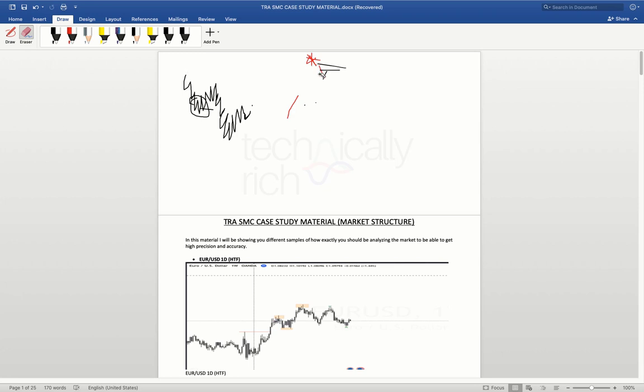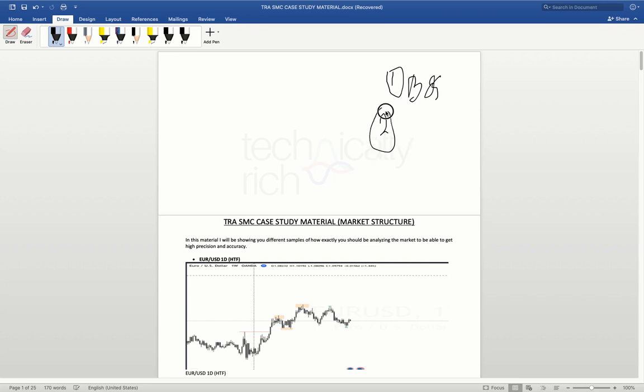So when you're doing analysis, you're looking for number one, a break of structure, BOS, and number two, Wyckoff: Wyckoff accumulation or reaccumulation for the buy, and Wyckoff distribution or redistribution for the sell.